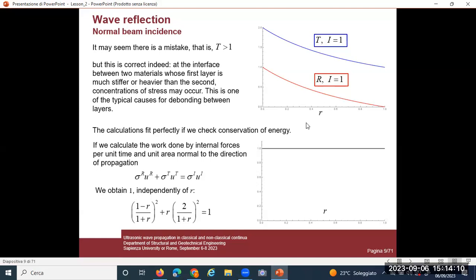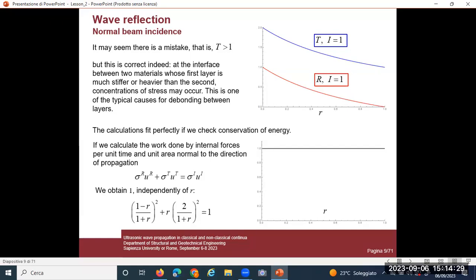You have seen something here in this diagram that might look like a mistake. You see here for R nearly equal to 0, you see that T is equal to 2. What does that mean?